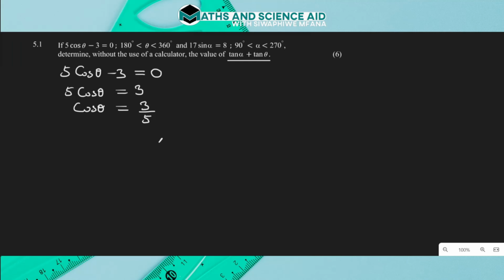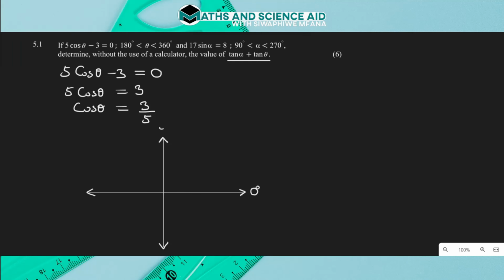Secondly, we need to draw a Cartesian plane. Now, we are going to label the axes of this Cartesian plane, starting from the positive x-axis with their respective angles. So by convention, we label the positive x-axis as the 0 degrees point.